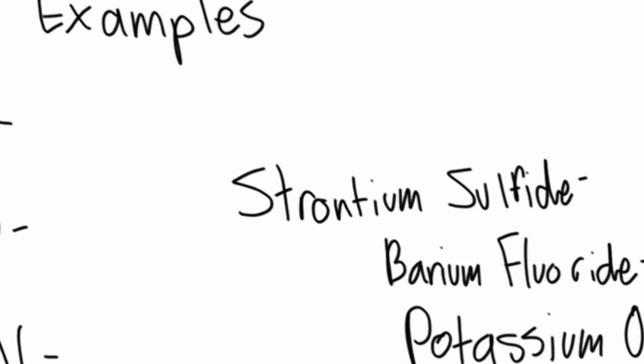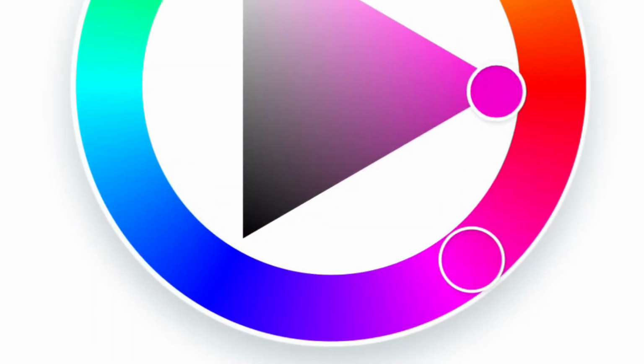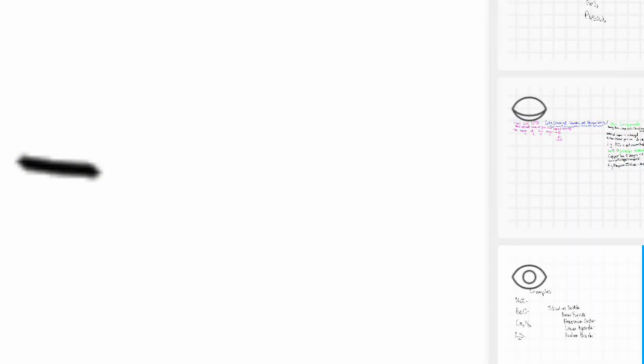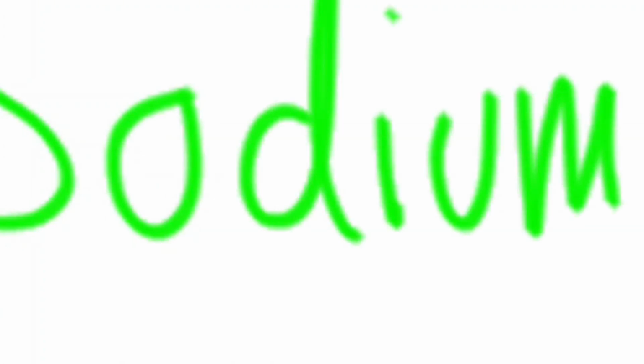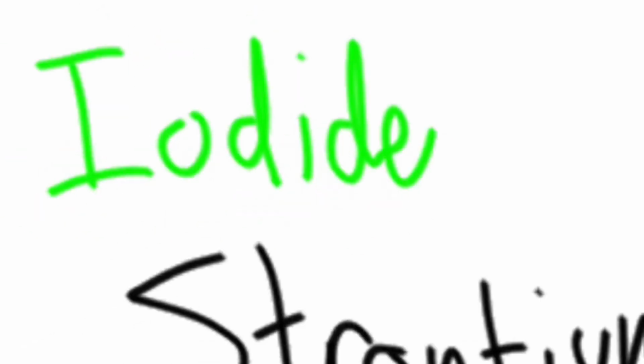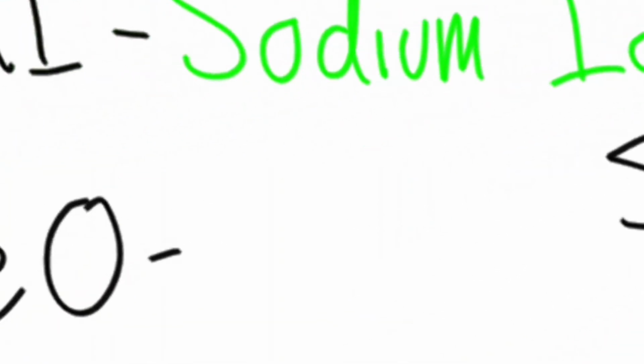Let's get into it. Okay, so we know Na is sodium, so we are just going to do sodium. My bad, I can't spell. Sodium, and now we have iodine. So we're going to go I-O, and then D, and then you go IDE, replacing the ending with IDE.